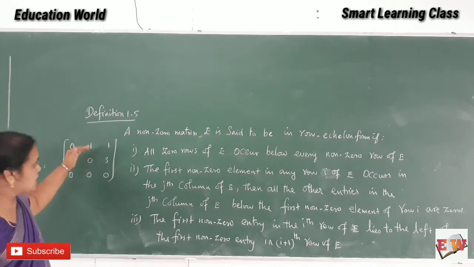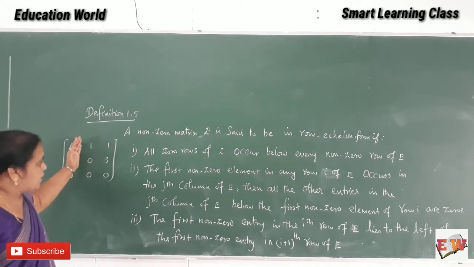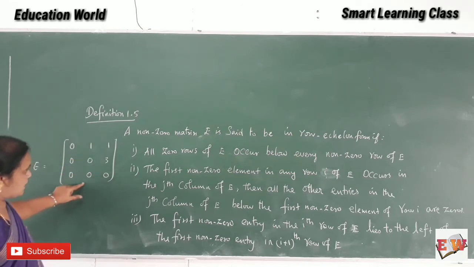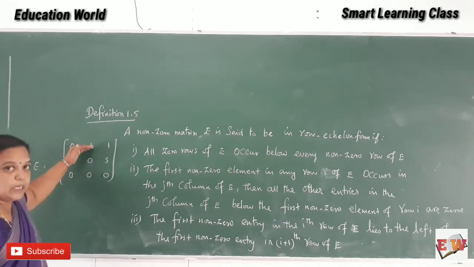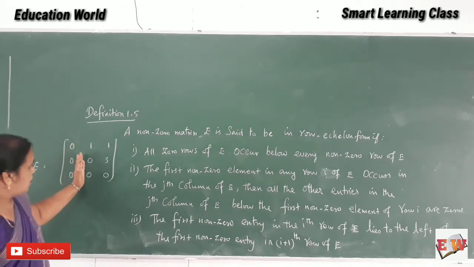This is in the ith row and jth column of E. Then all the other entries in the jth column of E below the non-zero entry of the ith row of E are zero.